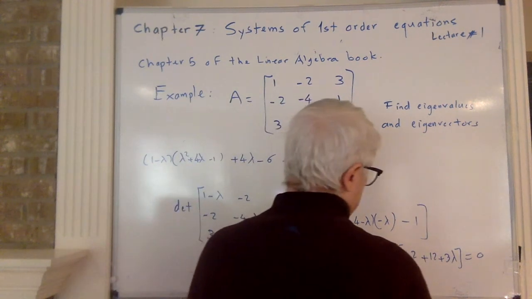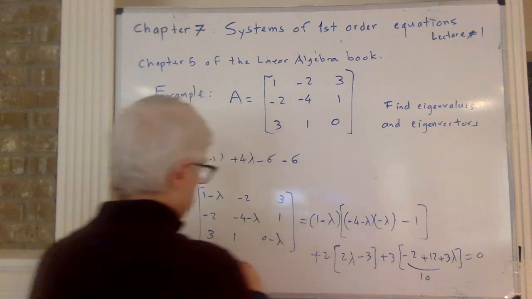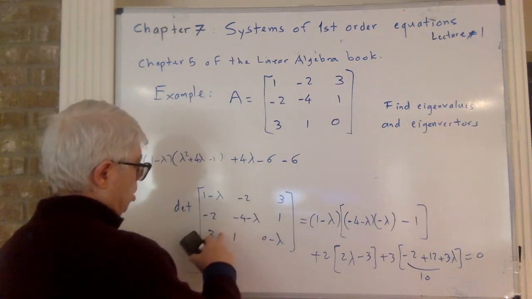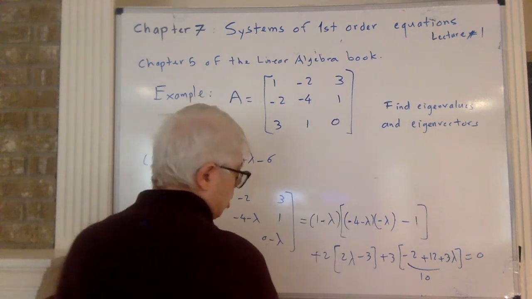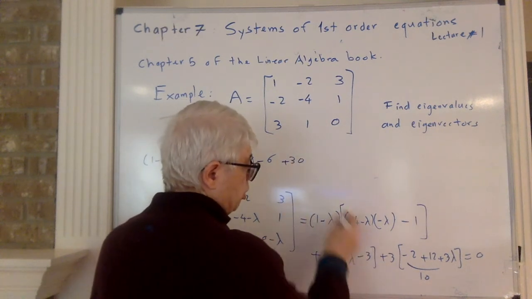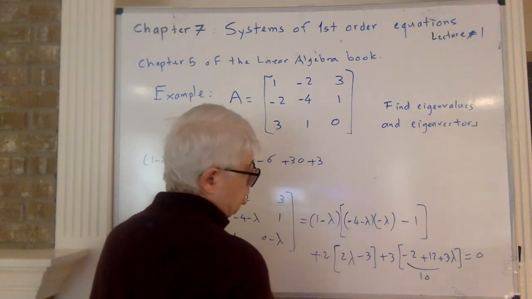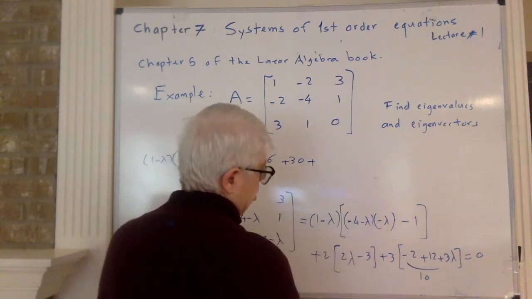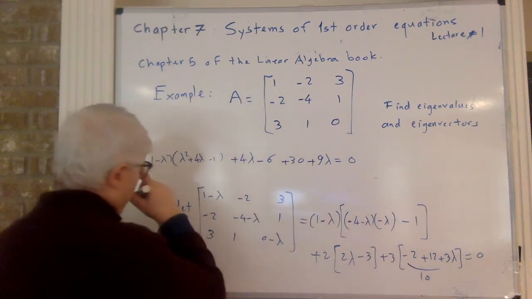So that's minus 10, and plus 30, 9 lambda, right? 9 lambda.